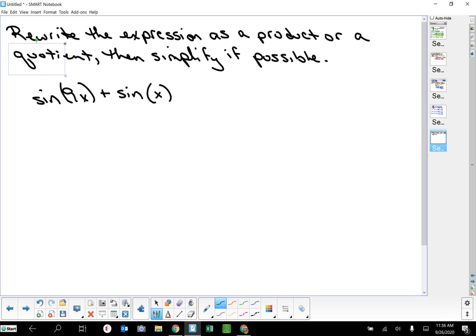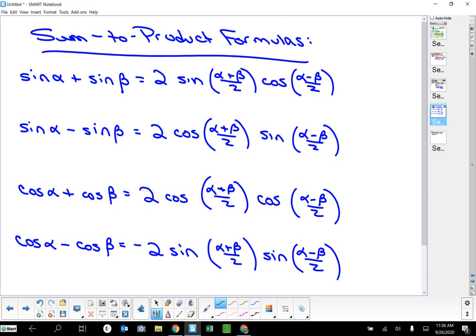All right, so if we take a look back at the problems that we have, we're going to be using the sine of alpha, sine of beta, right? I'm going to go back here, and we have sine plus sine. So this is what we're being given. Sine plus sine.